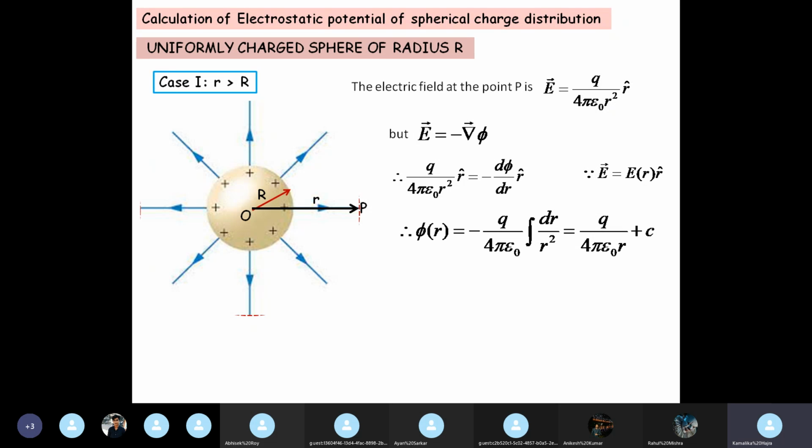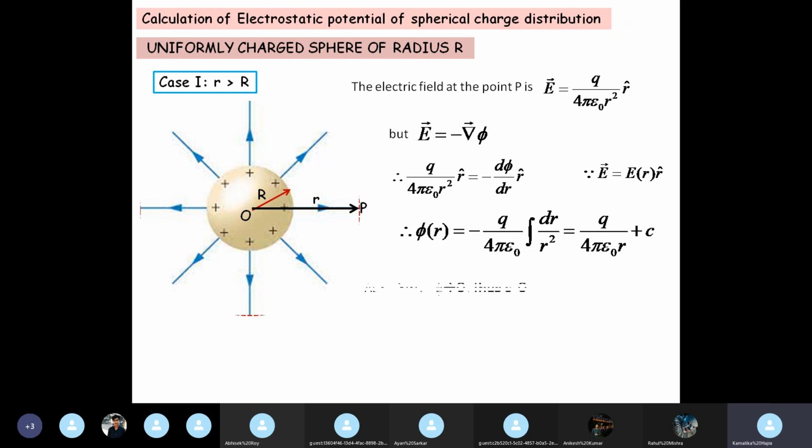So phi(r) is equal to minus q by 4 pi epsilon naught integration dr by r square. From this, d phi is equal to this into dr. So phi is equal to q by 4 pi epsilon naught integration dr by r square, and the negative goes. So integrating you get q by 4 pi epsilon naught r plus c, where c is the constant of integration.